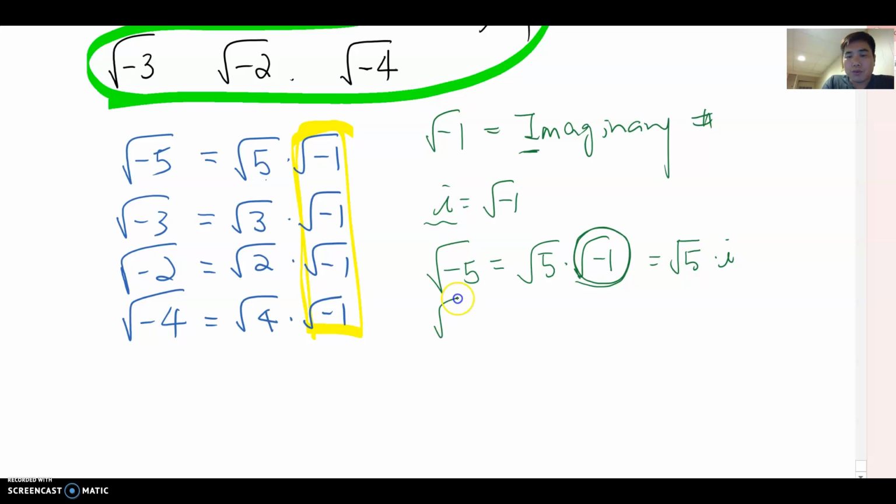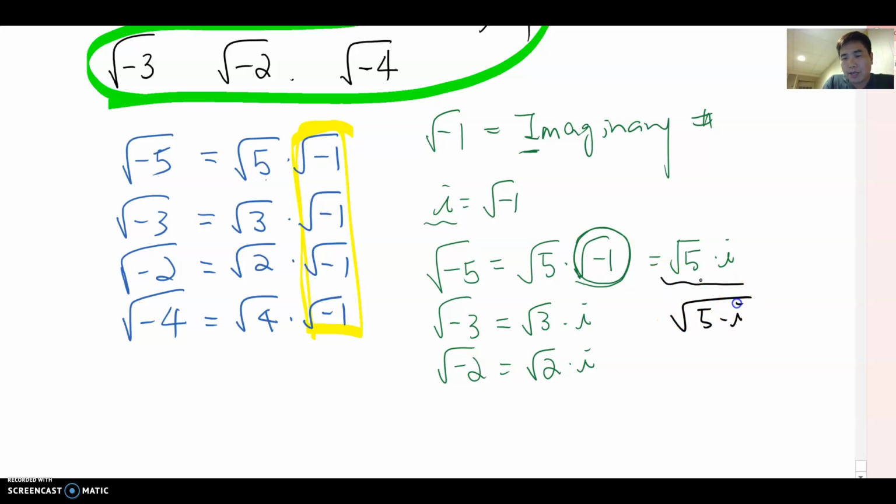Similarly, root negative 3 we can rewrite as root 3 times i, and root negative 2 also becomes root 2 times i. But sometimes you miswrite this one as root 5 times i like that, and we really want to prevent that issue, so always write i first.